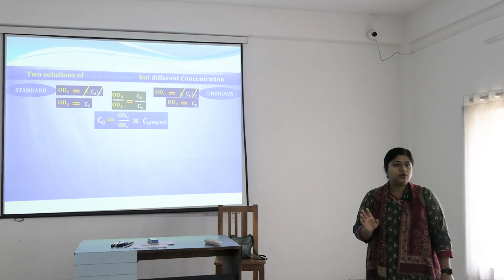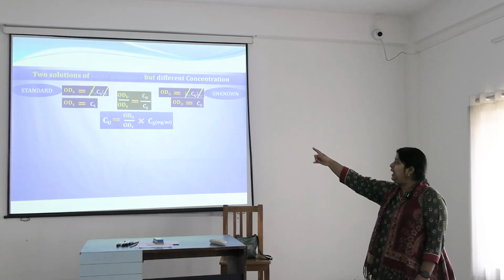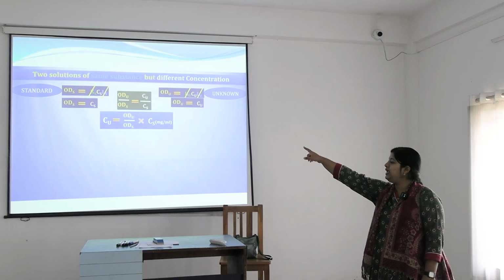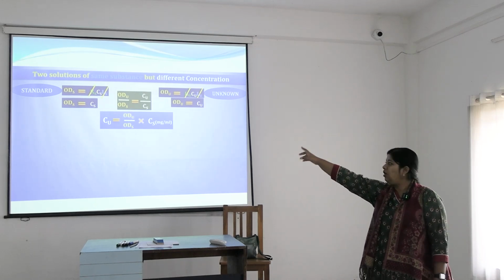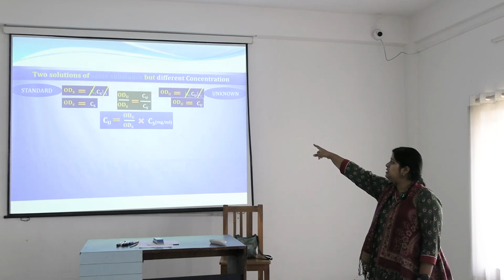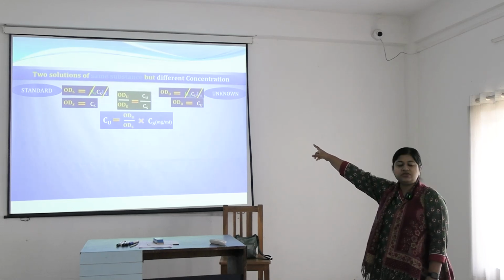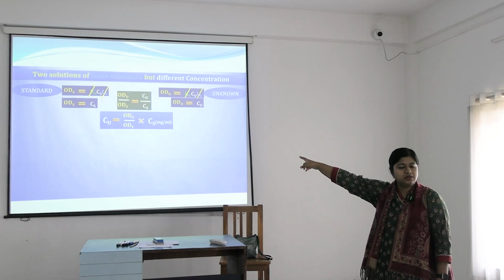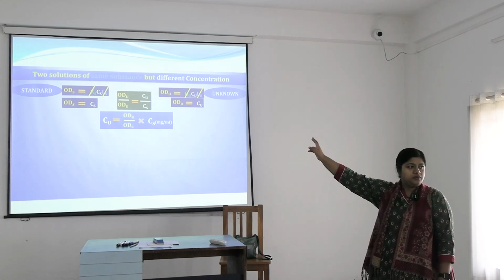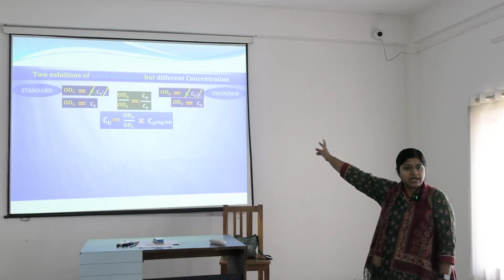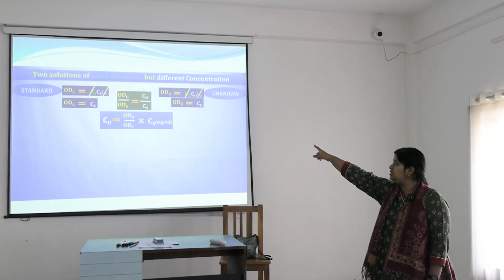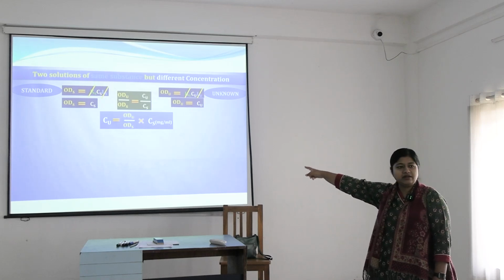I told you for glucose, K will be same. L, that is path length, is fixed. So can we say ODS is equal to CS, or can we write it like this: ODU by ODS is equal to CU, that is concentration of unknown, by concentration of standard. Clear? Can we say this? From the OD of known and unknown, concentration of known and unknown, can we say this? And from that equation we can write this.